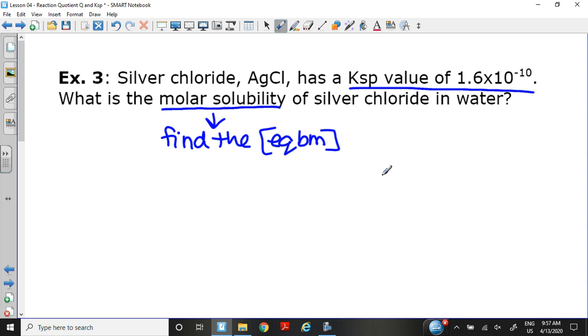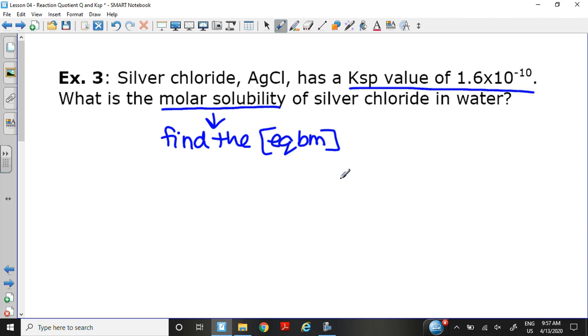So even though it doesn't say that in the question, that's really all that we're doing. So based on that, if you think you can try and solve it, why don't you go ahead first and set up an ice table, and after that, see if you can use a KSP expression and the actual KSP value given to solve for that molar concentration. And when you're ready, unpause the video and I'll go through the answer with you.